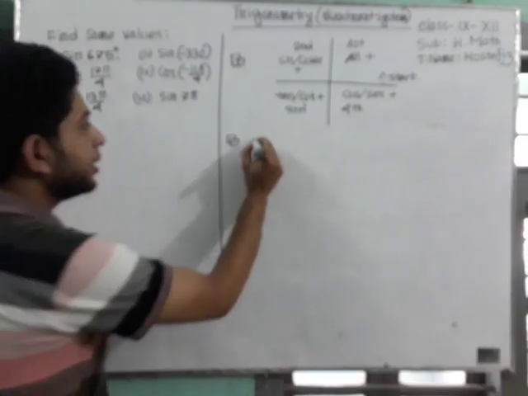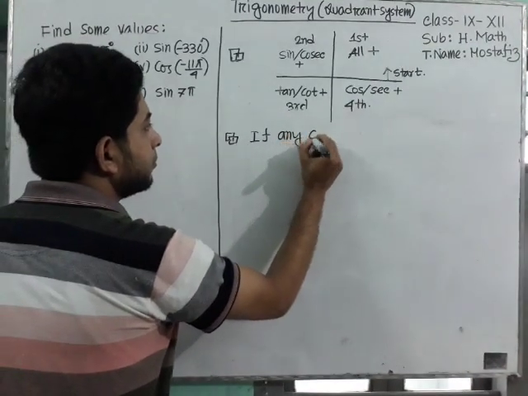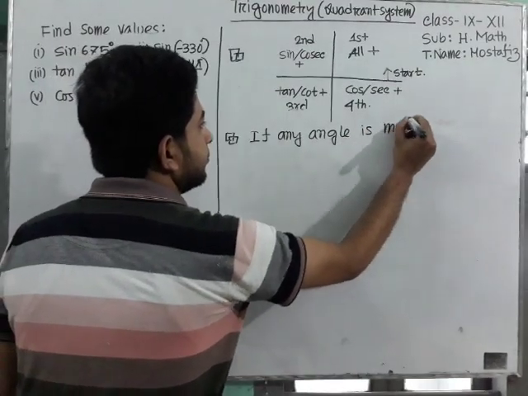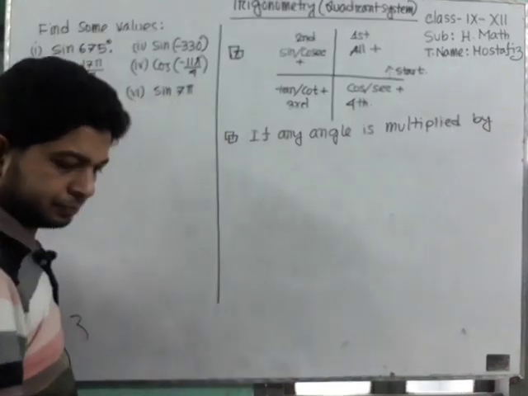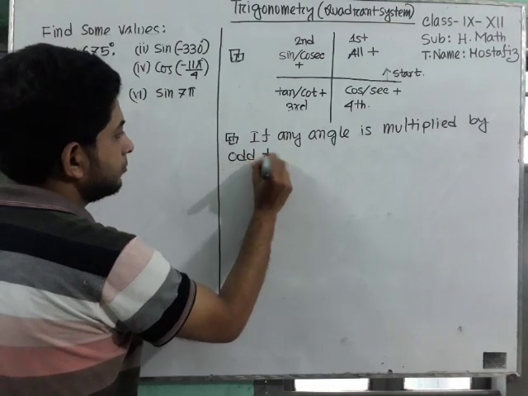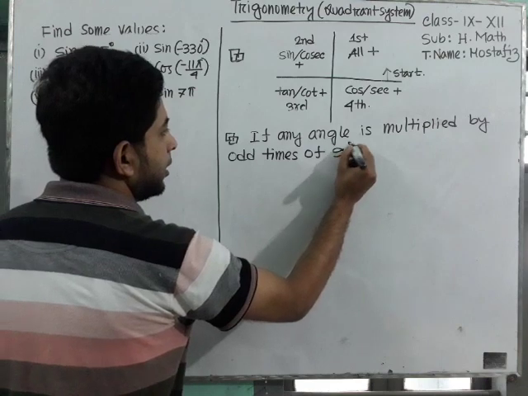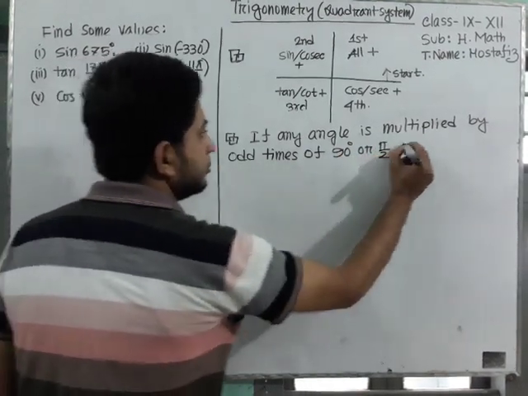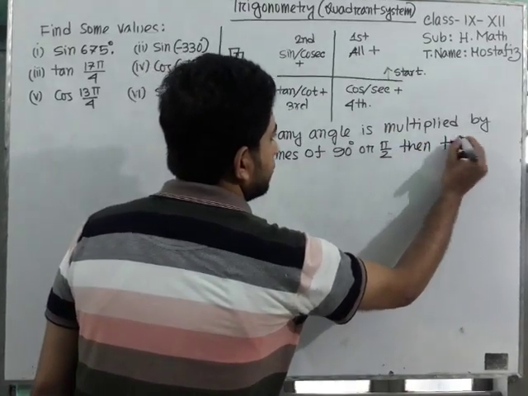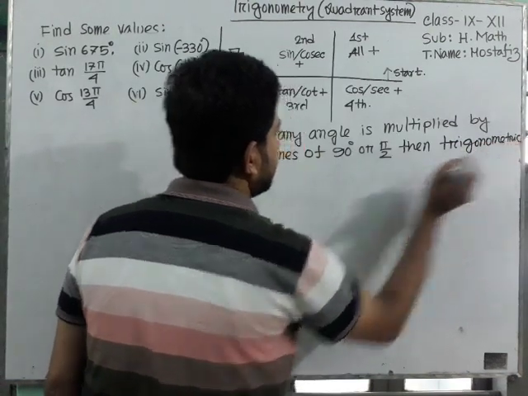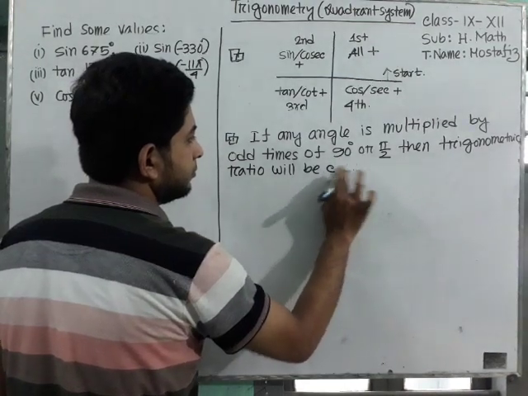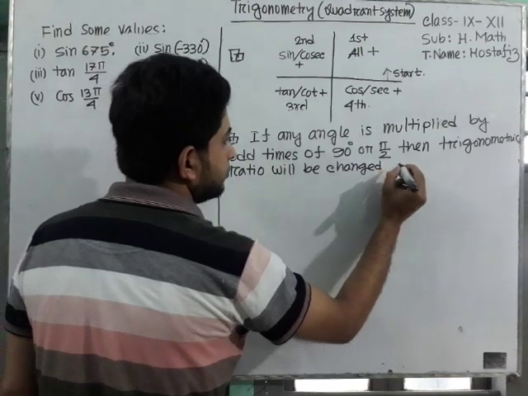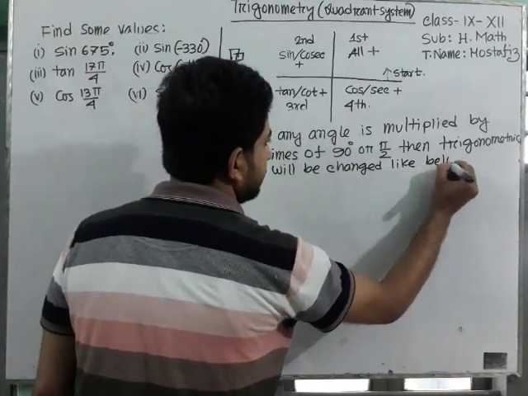And now you have to think about something. Suppose any angle is multiplied by odd time of 90 degree or pi by 2, then trigonometric ratio will be changed like below.